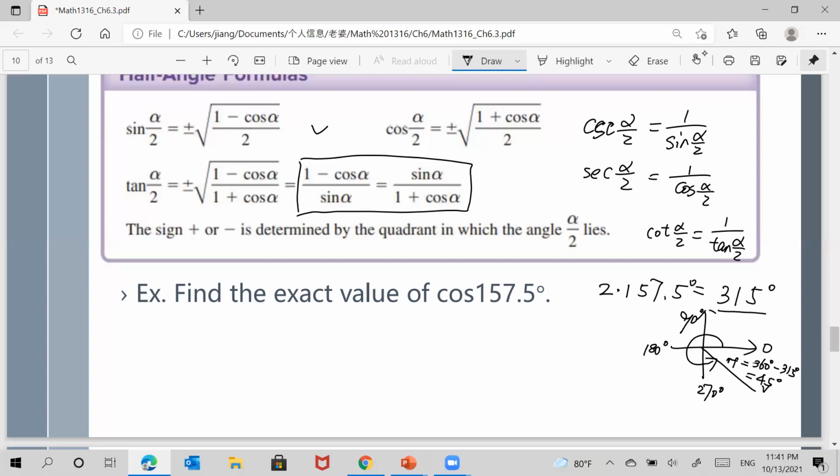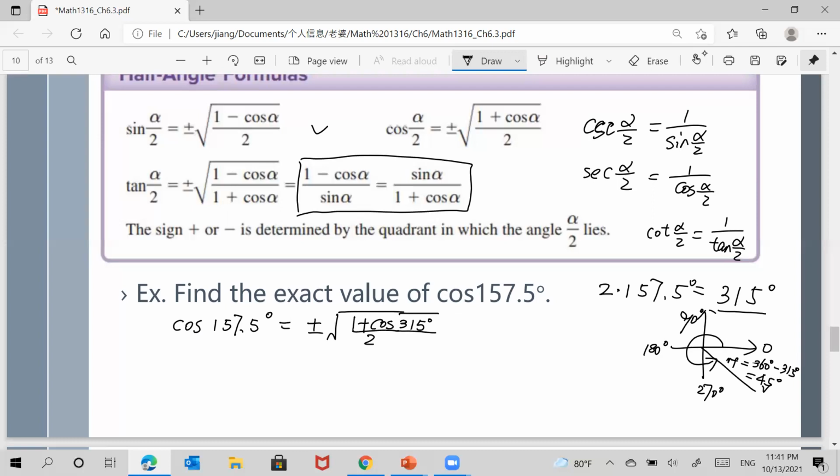So we can find the trig functions. Let's copy down the question. That's cosine 157.5 degrees. So we should use the half angle formulas. Plus or minus the square root of 1 plus cosine 2 alpha over 2. 2 times alpha is 315 degrees.